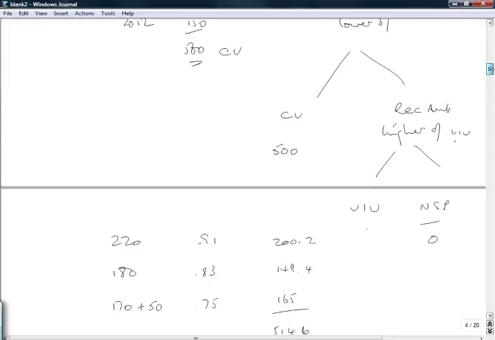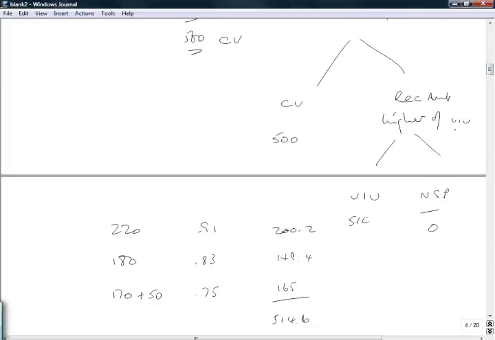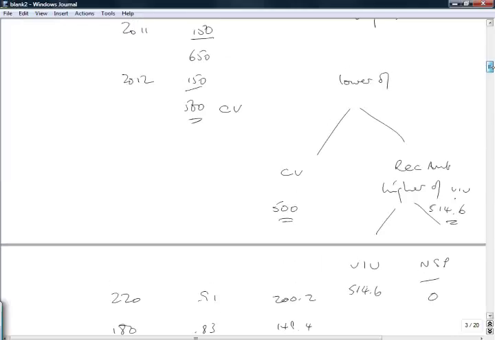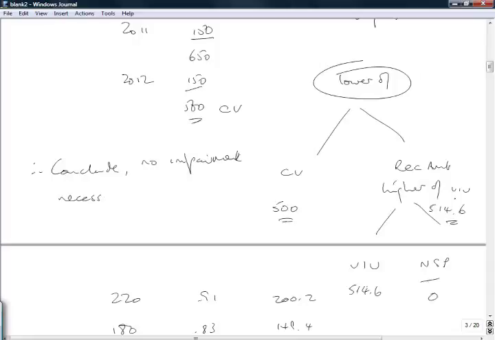That gives 514.6 as the value in use. The recoverable amount is therefore 514.6. That's compared with the 500, and the lower of is the value that the asset should be stated at. So therefore we conclude no impairment necessary. That's a bit naughty of Steve Scott.